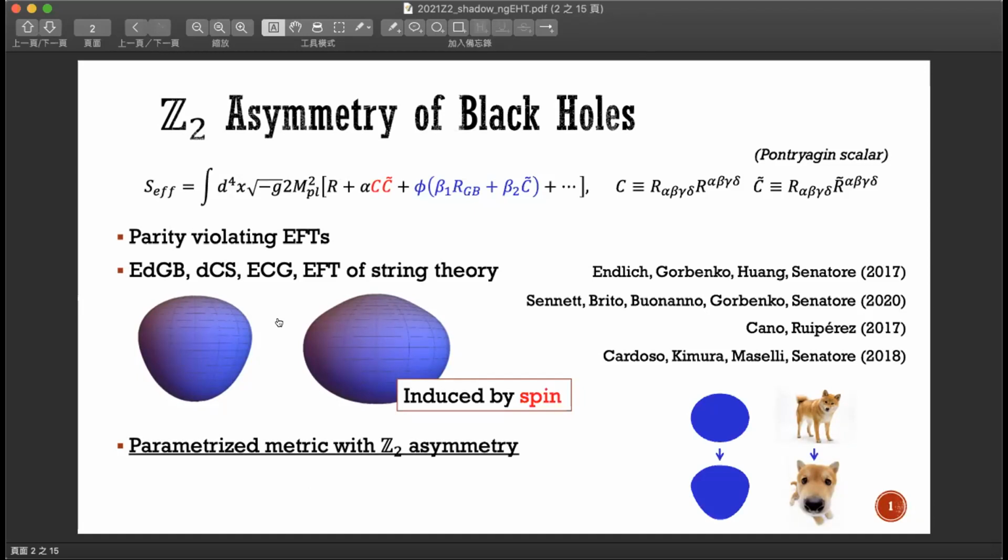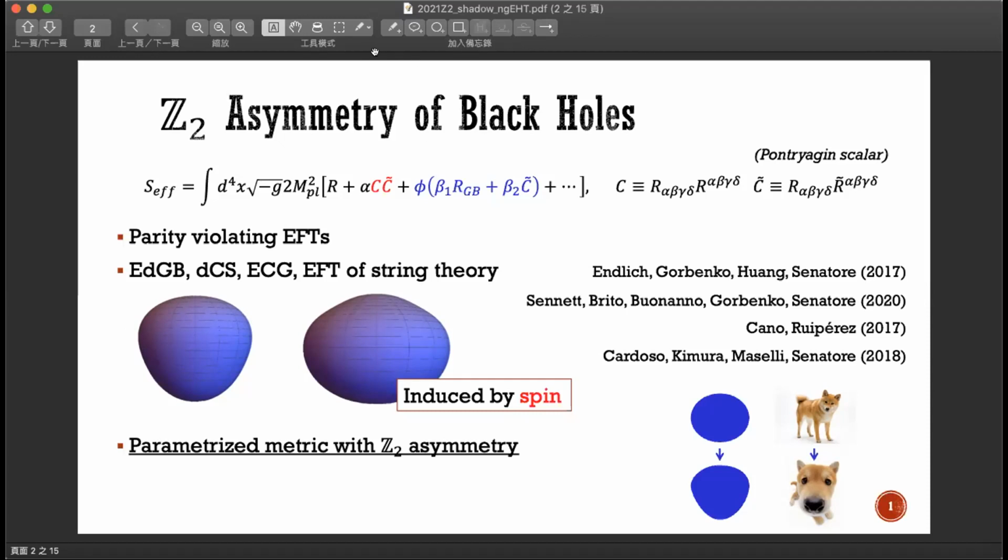By definition, if the black hole solution has no Z2 symmetry, then its northern hemisphere and southern hemisphere will look different. Such an asymmetry usually appears when the underlying theory contains some parity violating interactions.